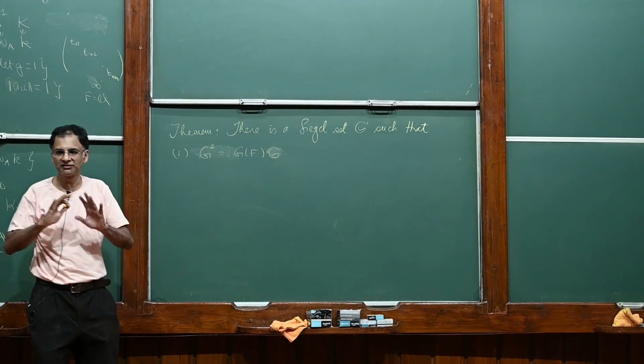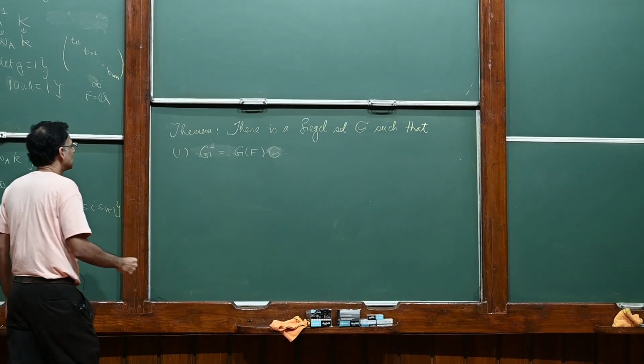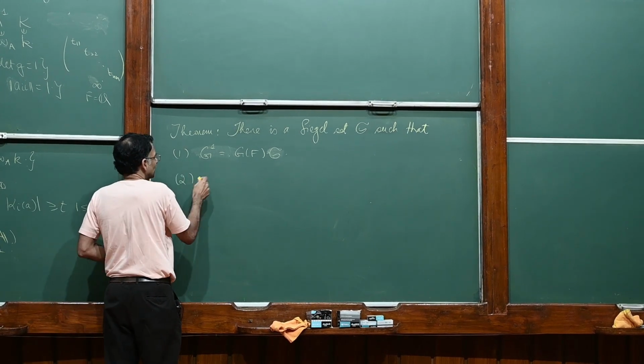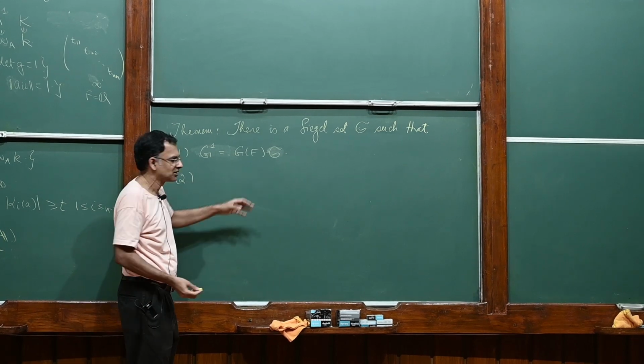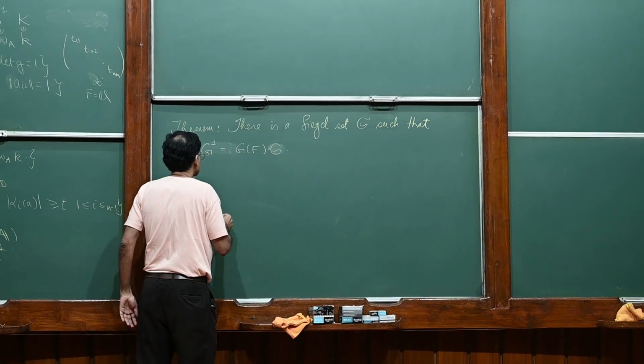So basically the translates exhaust. And the second one is that if you translate the Siegel set by G(F) elements, the number of translates that intersect S is finite.